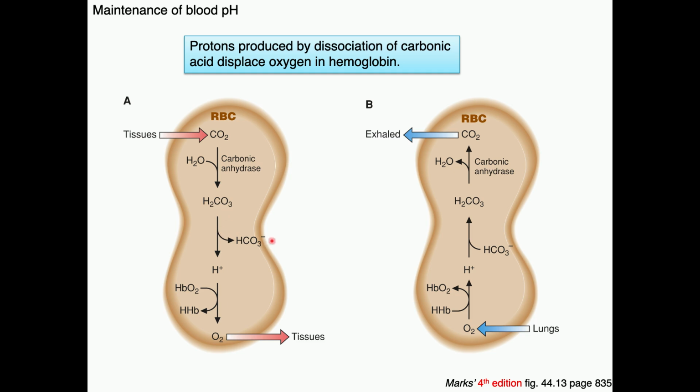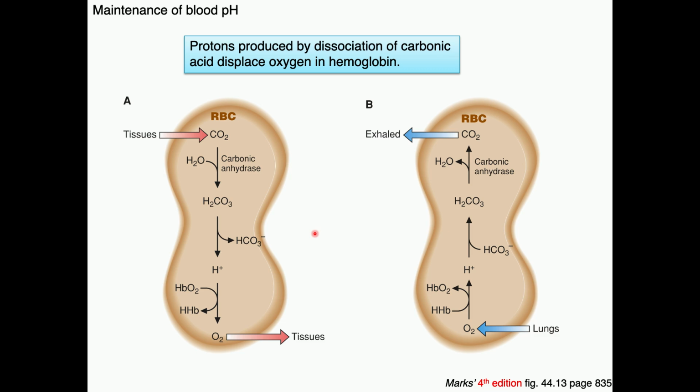Now, this bicarbonate that's produced as a result of the carbonic acid dissociating doesn't just stay within the red blood cell during this process. In the tissues, it's effluxing out of the red blood cell in antiport with a chloride ion.